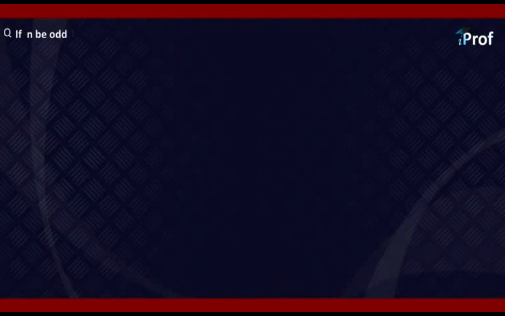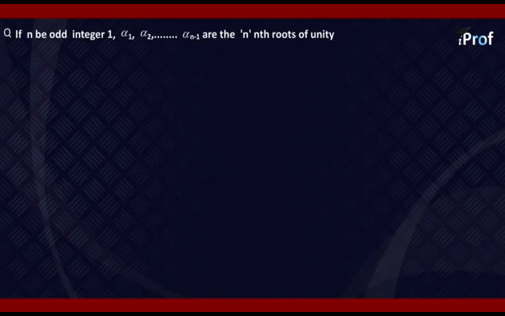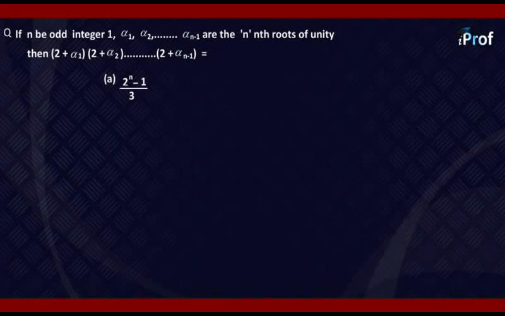If n is an odd integer and 1, alpha 1, alpha 2, ..., alpha n-1 are the nth roots of unity, then (2 + alpha 1)(2 + alpha 2)(2 + alpha 3)...(2 + alpha n-1) is equal to: first option is (2^n - 1)/3, second option is (2^(n-1))/3, third option is (2^n + 1)/3, and the last option is (2^(n+1))/3.